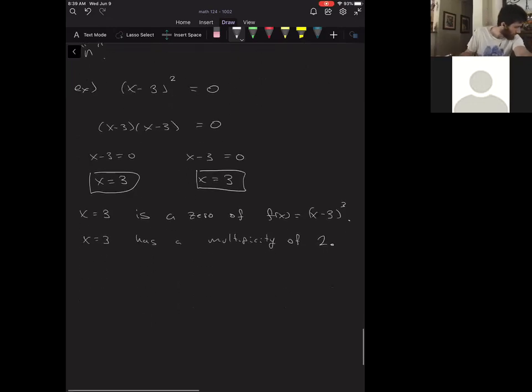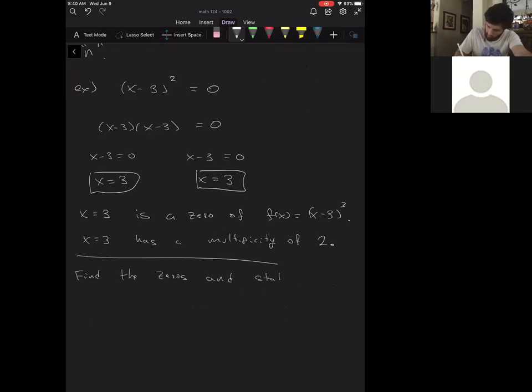How about something like number 30. It's going to be the same instructions, so let's just write them once: find the zeros and state their multiplicity.